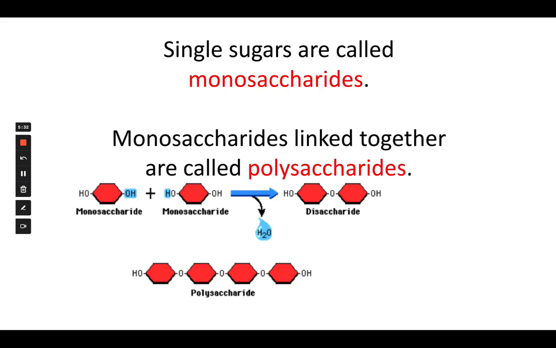So single sugars, as mentioned before, are referred to as monosaccharides, and then monosaccharides are linked together to form polysaccharides. So monosaccharides are the monomer, and polysaccharides are the polymer, and so you can see how it just keeps repeating. That glucose molecule or that monosaccharide molecule just keeps getting added together and repeated to create that polysaccharide.